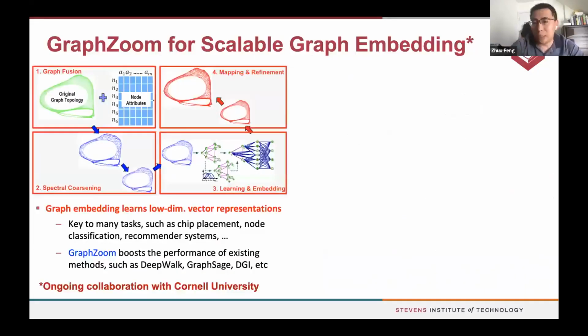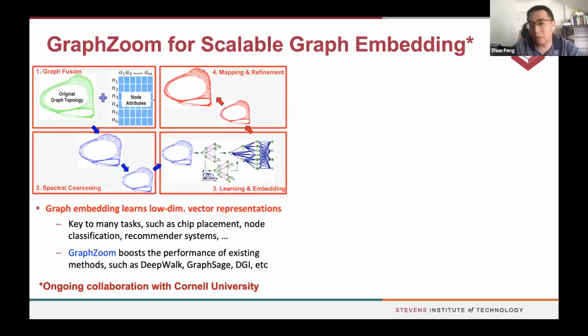Another recent application of these spectral algorithms is for graph embedding, which aims to convert the original graph data into low-dimensional vector representations so that downstream machine learning or data mining algorithms can be developed based on these low-dimensional vector representations, which will be more efficient than handling the graph data set directly.